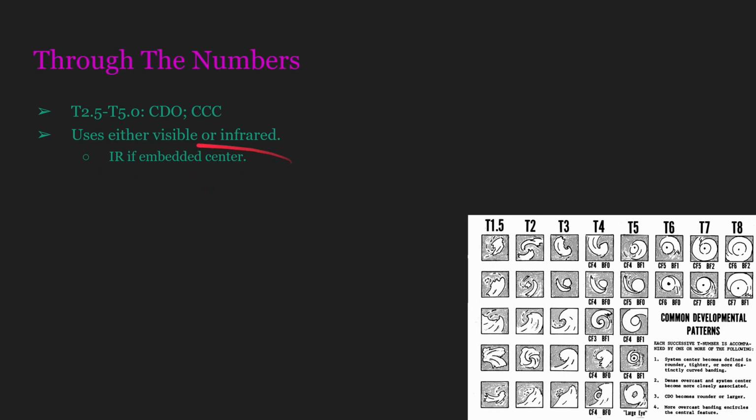It will be using infrared if the center is really embedded inside of that CDO. Note that CDO starts at 2.5. 2.5 is around minimal tropical storm strength, so that'll be 38 to 39 miles per hour. And with specifically the eye pattern, the size of the CDO will be considered. It kind of is with banded eye, although kind of not really as well. A little confusing, I know.